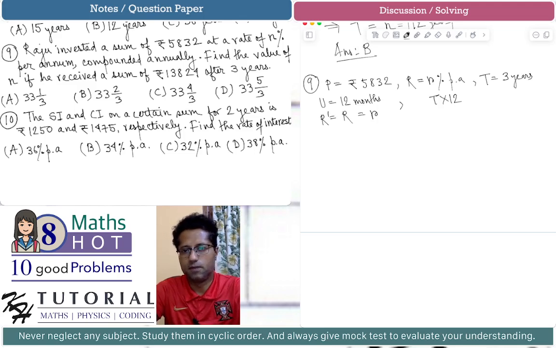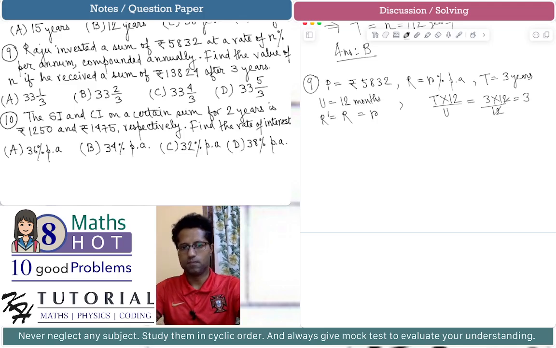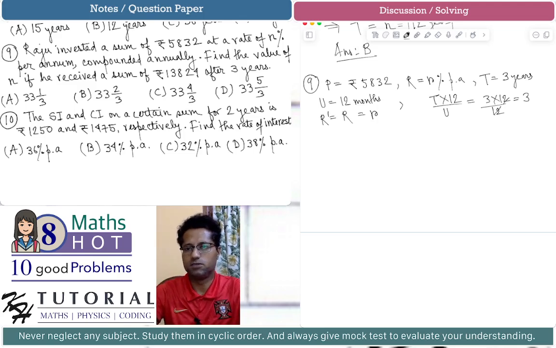So t multiplied by 12 divided by u is equal to 3 multiplied by 12 divided by 12, which is equal to 3. Now, this we always express as the mixed fraction n and a by b. And if n and a by b is equal to 3, this implies n is equal to 3 and the fraction part a by b is equal to 0.